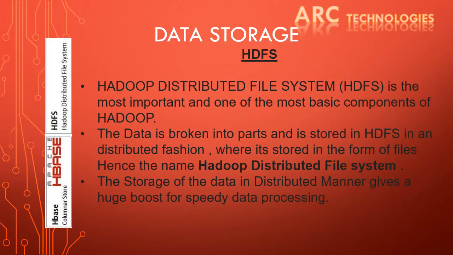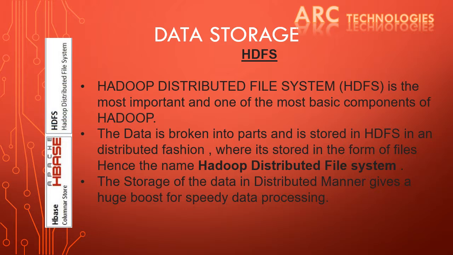Moving forward, now that we have ingested the data, we'll look into where the data gets stored. Now this HDFS, that is the Hadoop Distributed File System, is one of the most important and most basic components of Hadoop. This and MapReduce are like the pioneers in the Hadoop ecosystem. Why is it called the Hadoop Distributed File System?